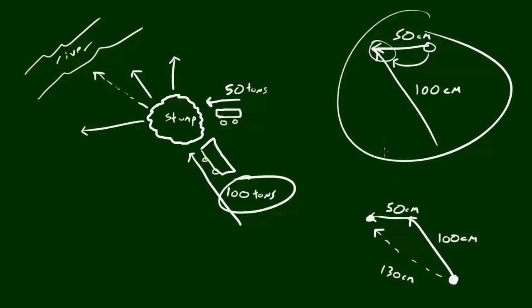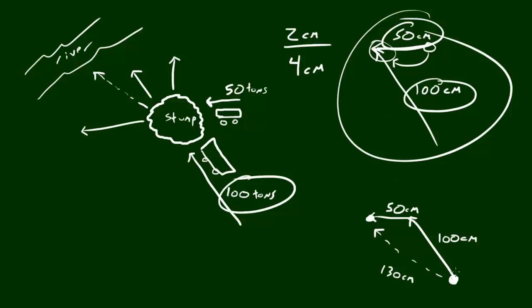So basically, to calculate net force, that is what you do. Whatever the forces are, you need to draw the size of your arrows to scale. For example, if you have a 50 ton and a 100 ton force, you can either draw this one 50 centimeters and this one 100 centimeters, or you can draw this smaller one 2 centimeters and this bigger one 4 centimeters, as long as they are to scale.